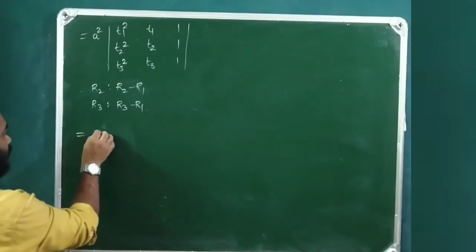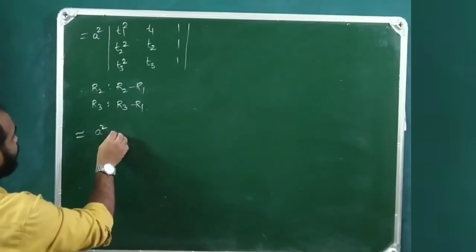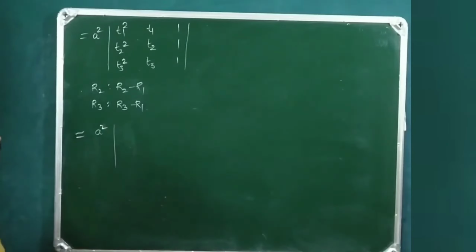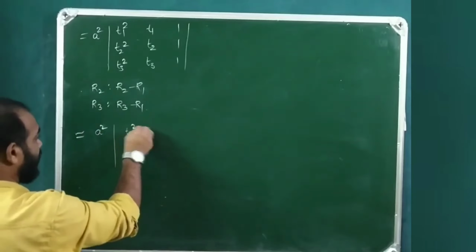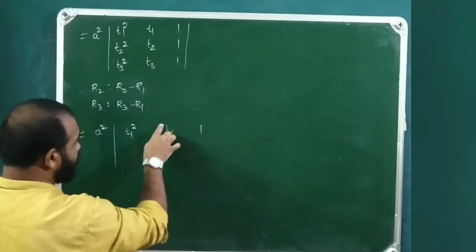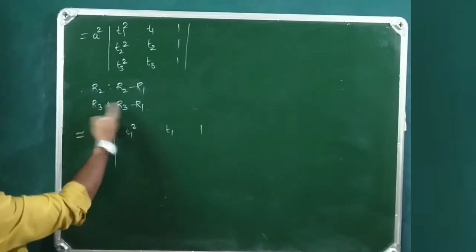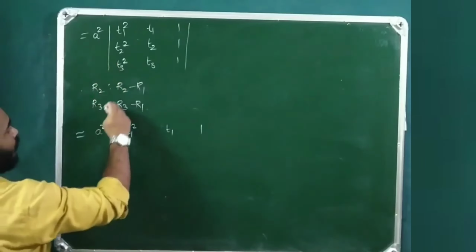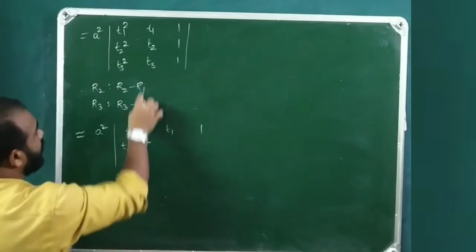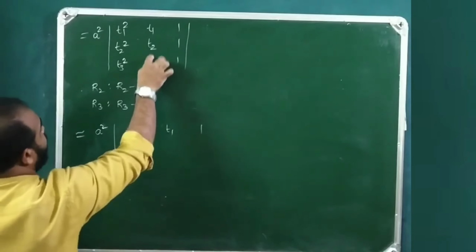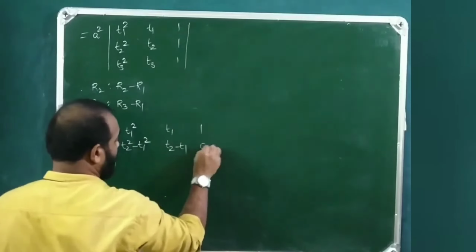That is equal to A square into T1 square, T1, 1. This would not be subjected to any change because row 2 and row 3 are getting changed. So here row 2 minus row 1 is T2 square minus T1 square, here T2 minus T1, 1 minus 1 is 0.